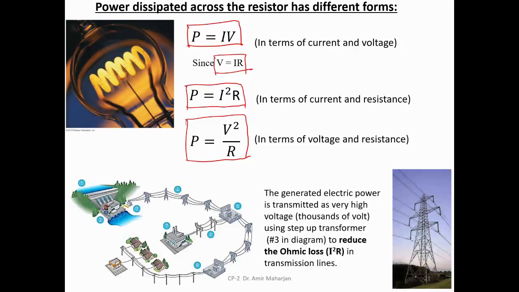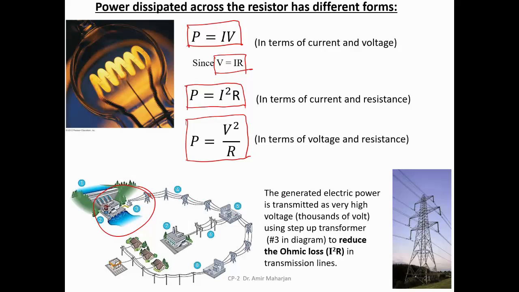So here's some conceptual stuff. In electrical power transmission, once the power is generated, it could be hydroelectric power, nuclear, or thermal. Any generated power is transmitted through a long distance using the national grid, with very high voltage.